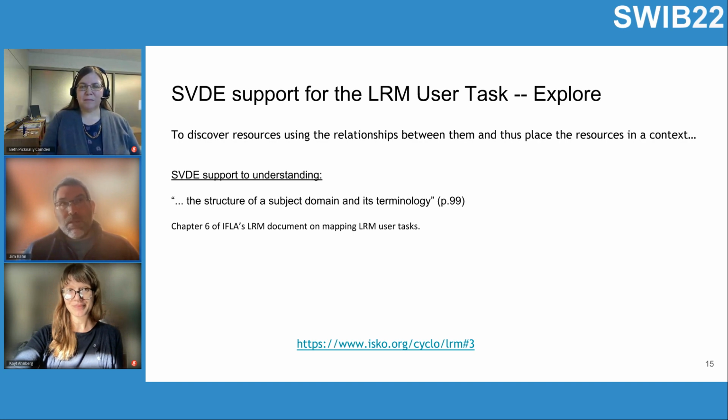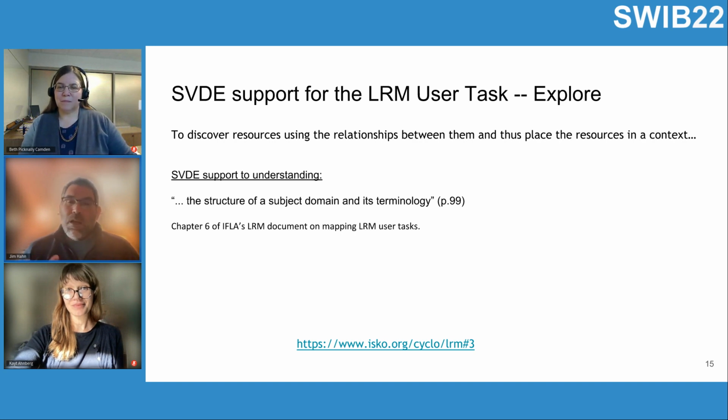A lot of the questions were funneled through the LRM user tasks, and really what we're looking at is how the elements of our bibliographic model, which users don't need to know about, but which matter for evaluating and evolving the service, fulfill user tasks. We thought about the identify user task early on in our search, and then circled back around to the explore task, which is really using relationships among different resources.